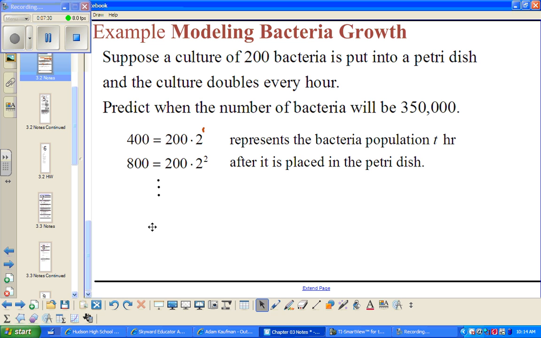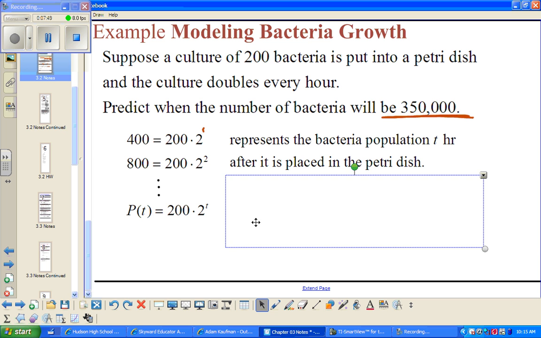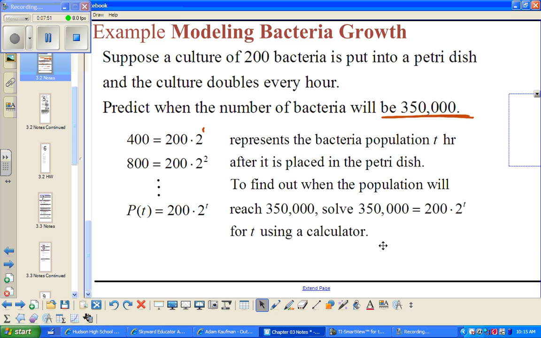So without too much effort, you'd come up with this exponential function. So the question is, when will the number of bacteria be 350,000? So you could represent 350,000 for p of t and solve for t, as shown here.